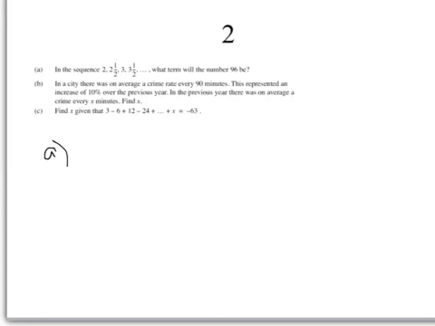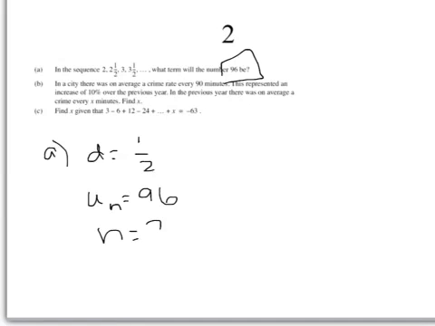For A, I know that my common difference is going to be 1/2. And then we want to know what term 96 will be. So we know our U of n is 96, but we don't know what n equals. But we can still use our formula, U of n equals U of 1 plus n minus 1 times d.